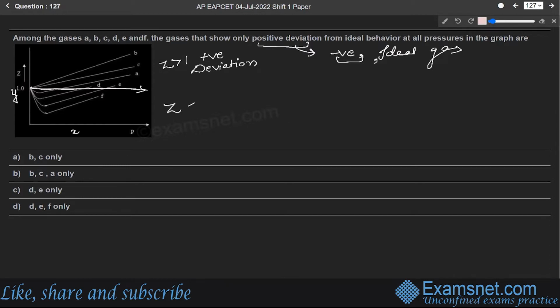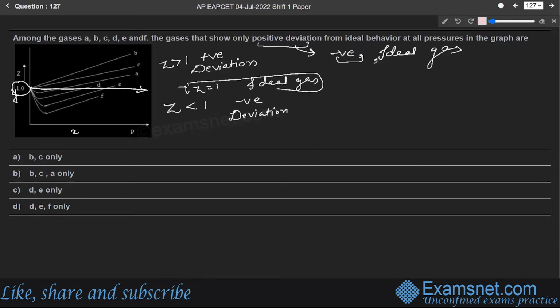And when you talk about Z less than 1, that would have negative deviation. For Z equal to 1, that would be an ideal gas. Can you see this 1.0? It is already given 1.0 in the straight line. That means this is an ideal gas, right?